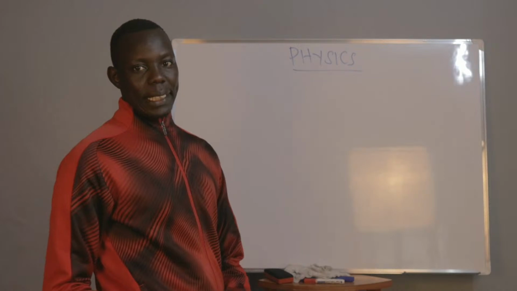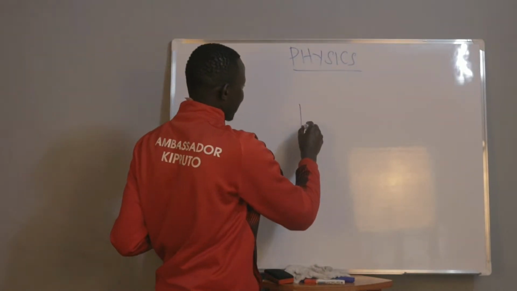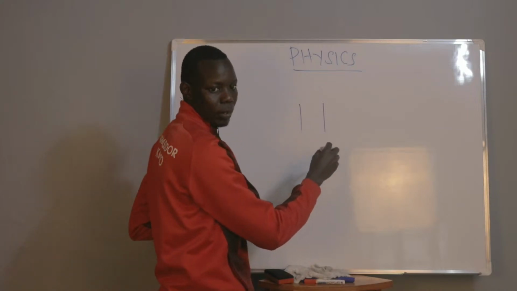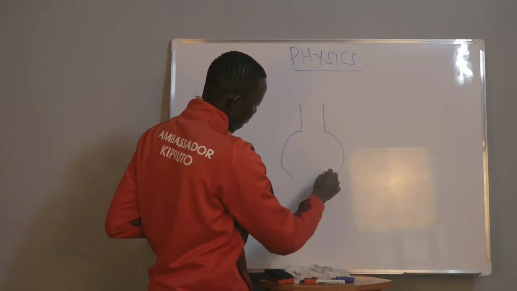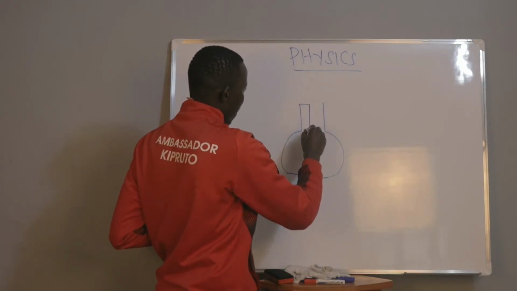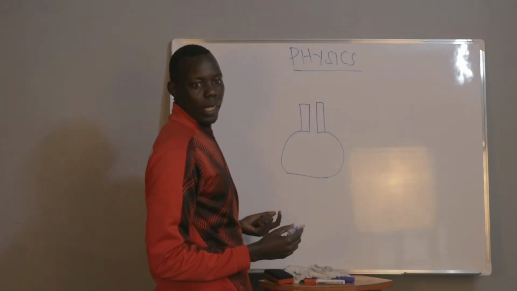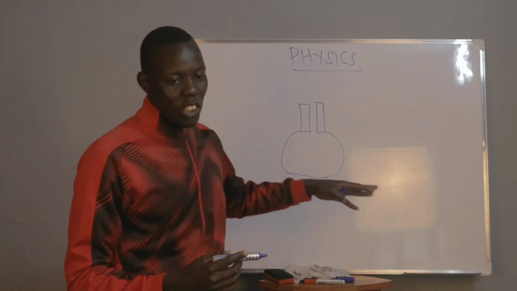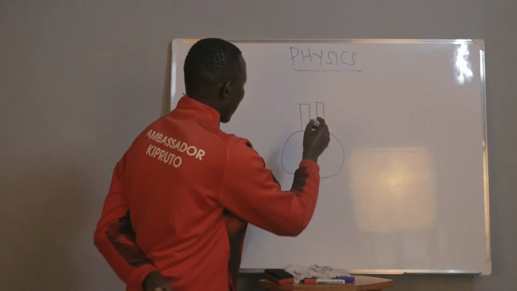As you can see, what I want to draw is this bottle, a container that looks like this. It is just a small container with a neck and a stopper.